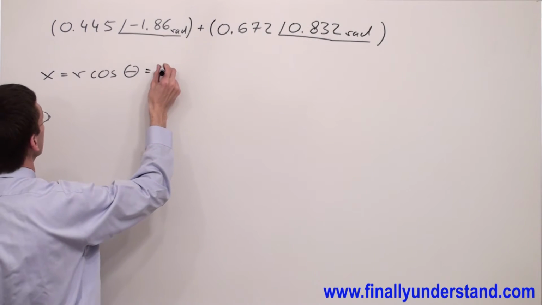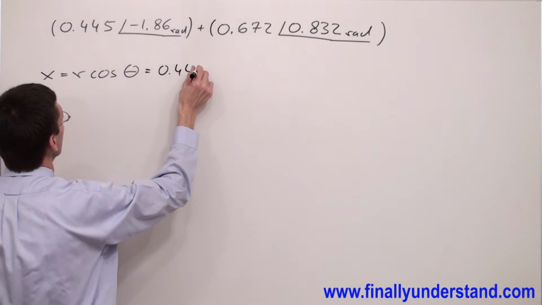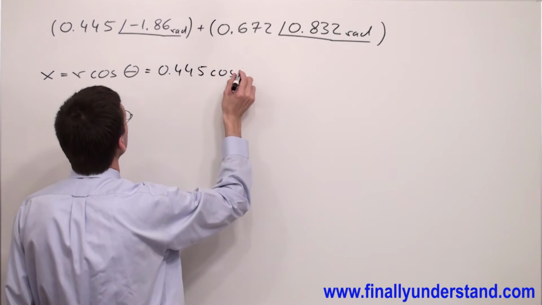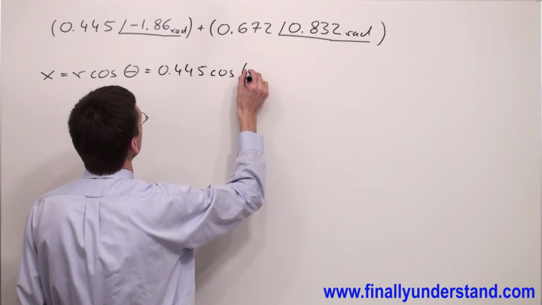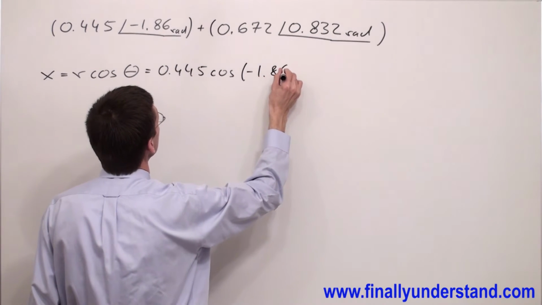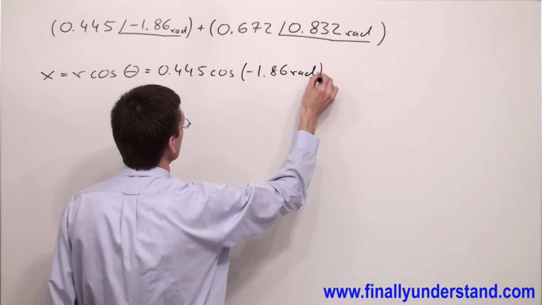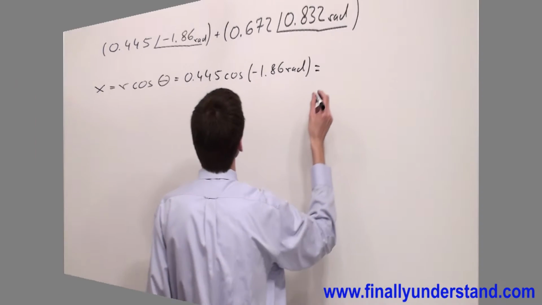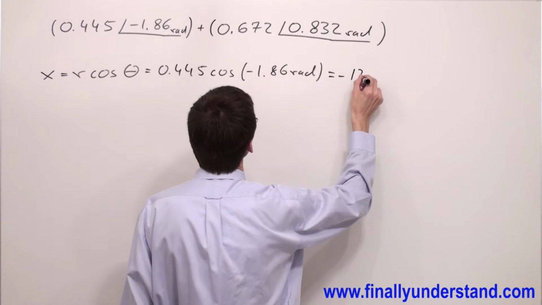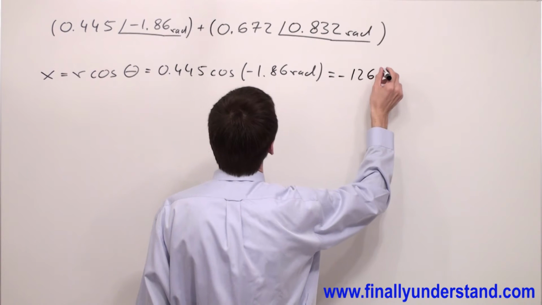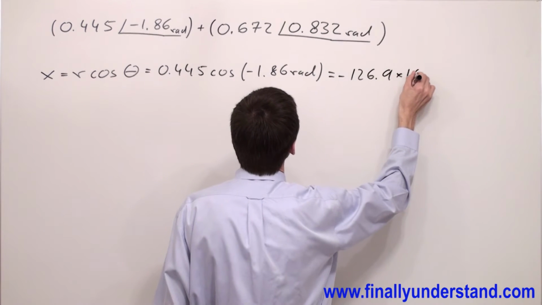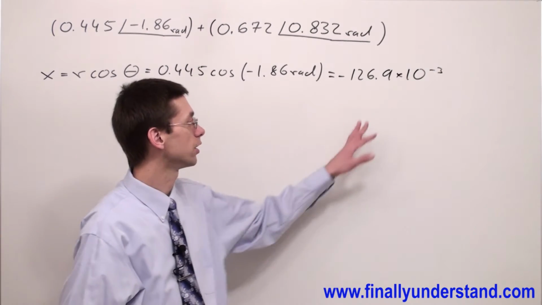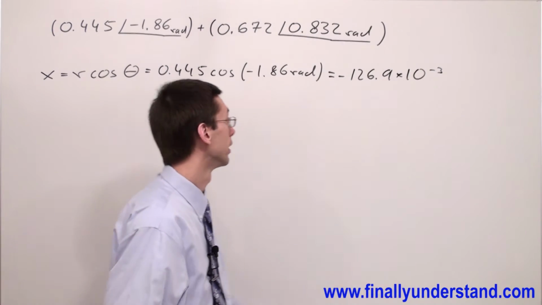So I have 0.445 cosine theta, which is equal to negative 1.86 radians. Switch your calculators to radians, okay? And you're supposed to obtain negative 126.9 times 10 to negative 3. I express my answers in engineering notation.